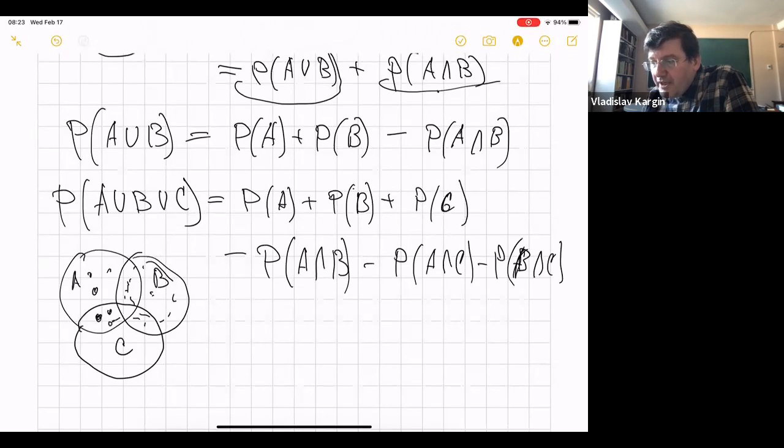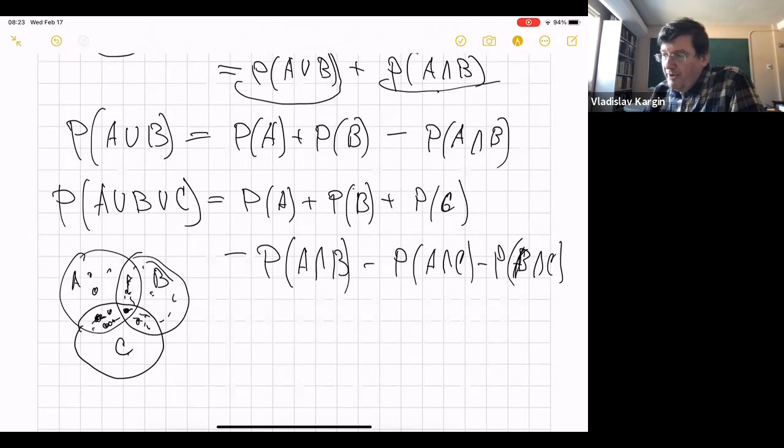I know that I counted these outcomes both when I counted A and C, so I need to remove the overcounting. I did it for this thing, this thing, and this thing. But now I'm looking at the outcomes inside the intersection of all three of them.